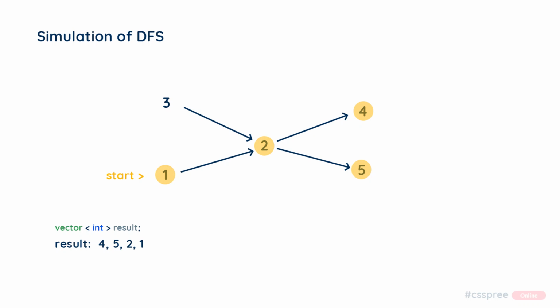But we can see that not all the nodes of this graph are visited yet. So according to our algorithm, we need to apply DFS before all the nodes are visited. Now we apply DFS on number 3, and we can see that 3 has a child, but it is already visited, so basically it has no children left to visit.